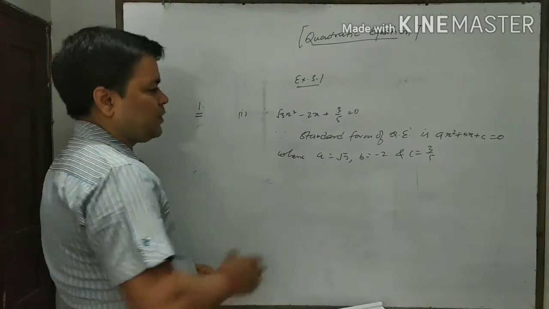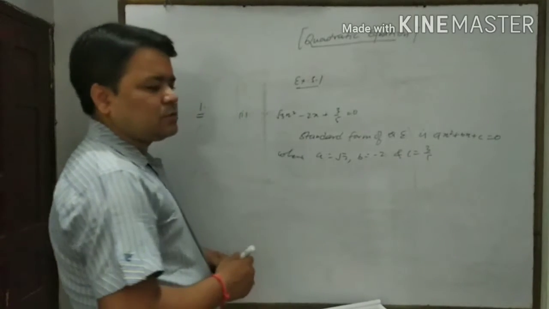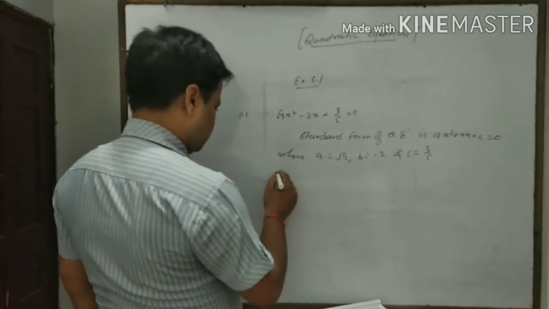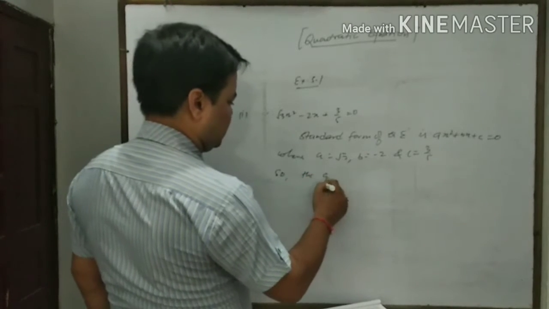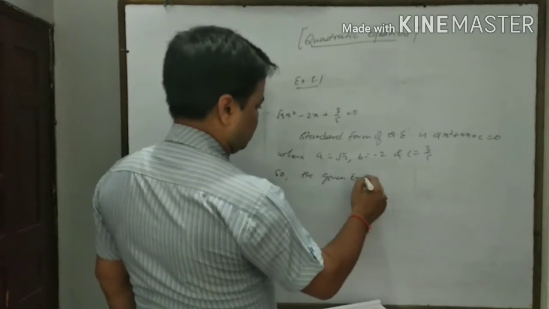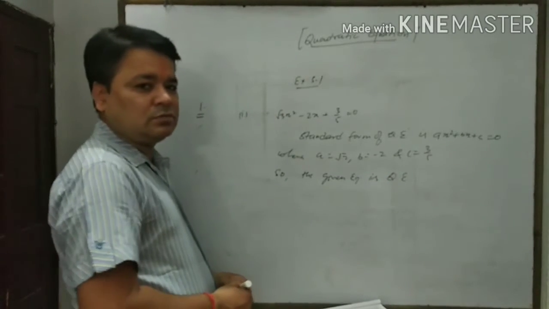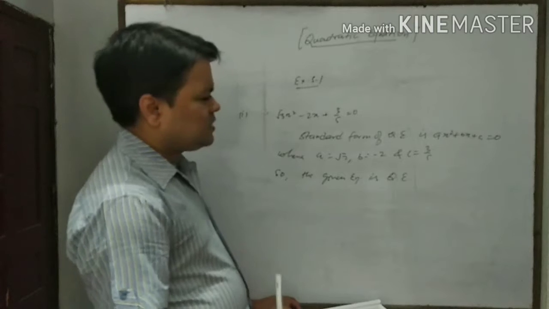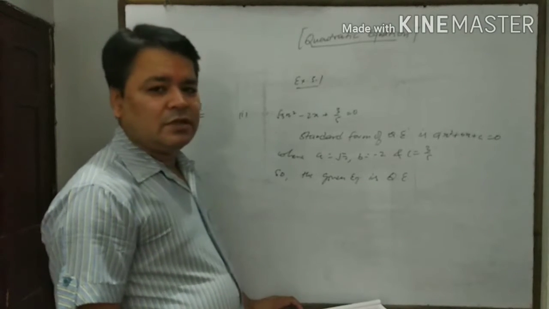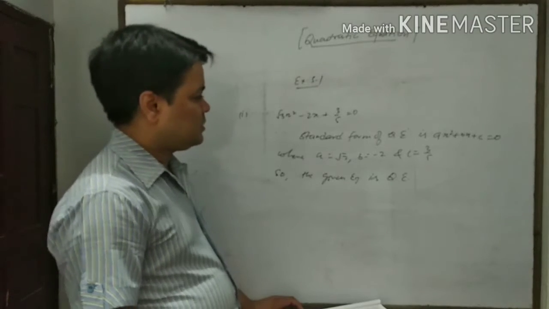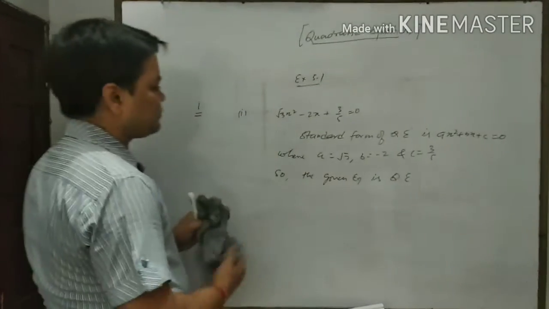So therefore it satisfies the standard form of the quadratic equation ax square plus bx plus c. So the given equation is a quadratic equation. This is the solution. Only this much. But I think this type of question is not asked in the board examination. This is only for practice. Let us see the next question.